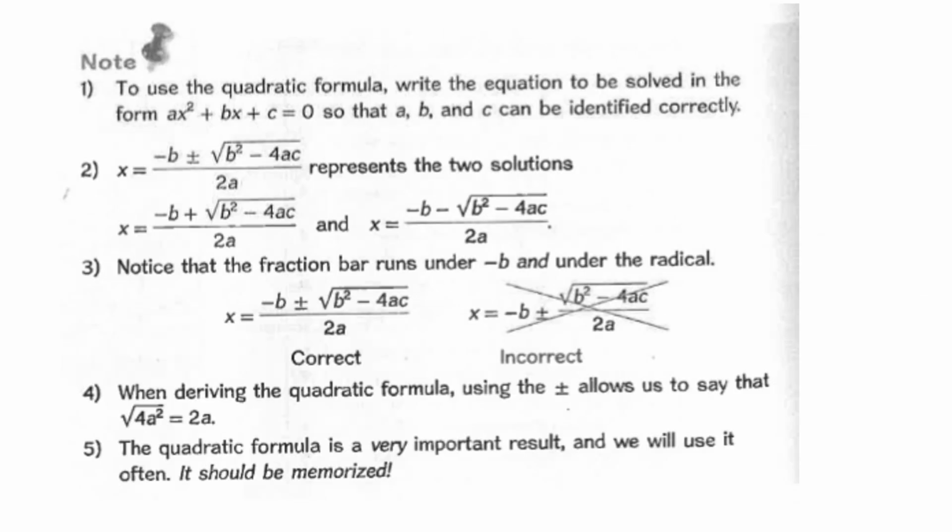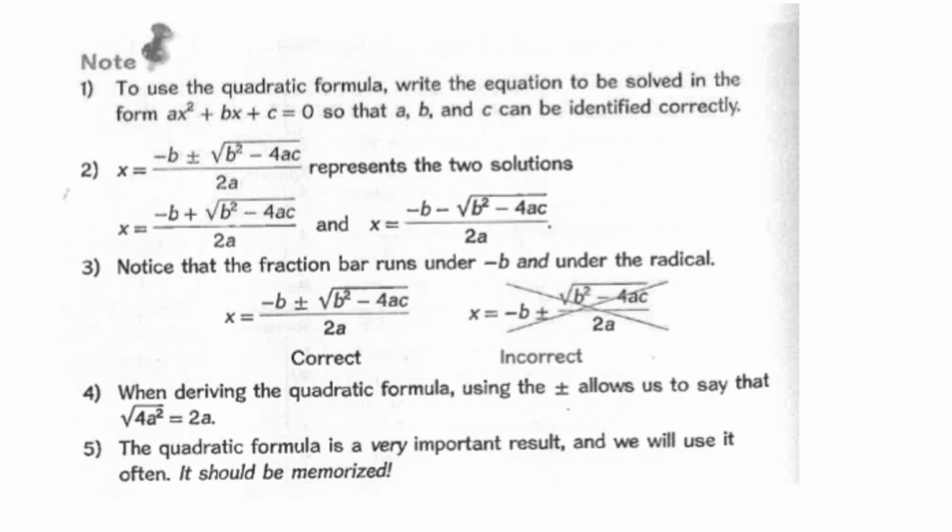Some notes are important about this. The first note: to use the quadratic formula, we must write the equation in the form ax squared plus bx plus c equals 0, so that a, b, and c can be identified correctly.